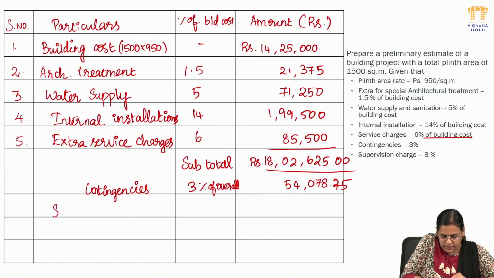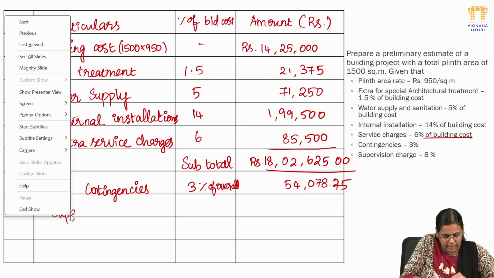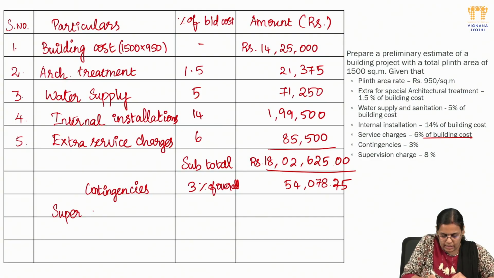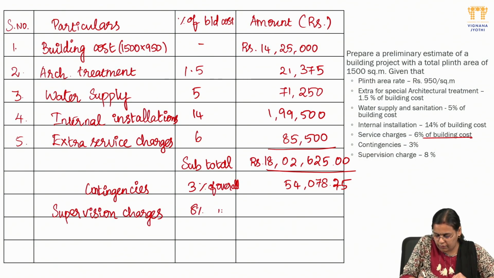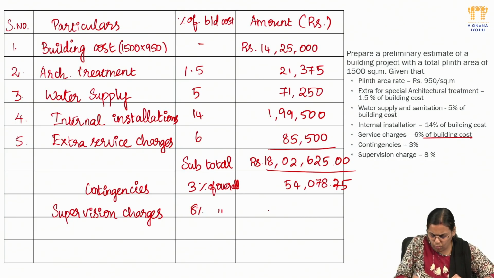And then supervision charges. So we have seen this definition, supervision charges. The other name for supervision charges is centage charges. Hope you remember. So supervision charges is 8% of overall, which is somewhere around 1,44,210.